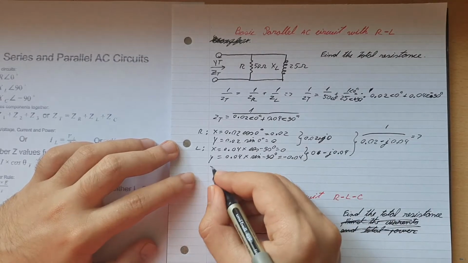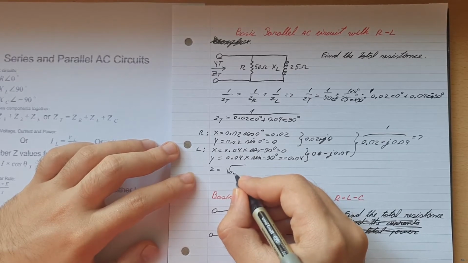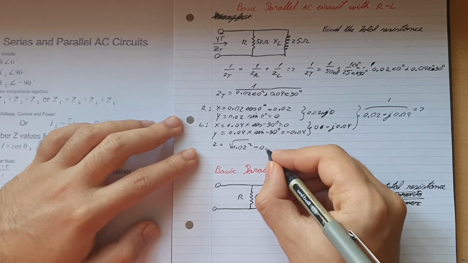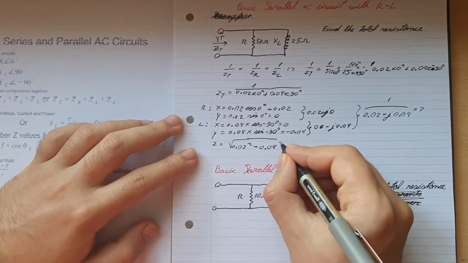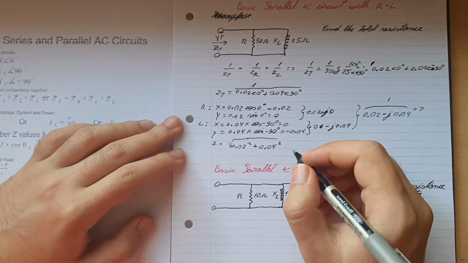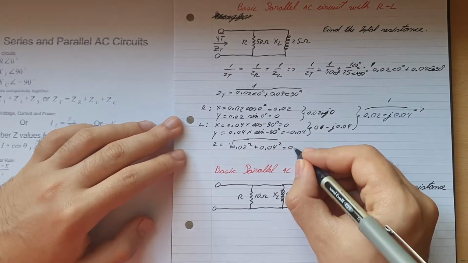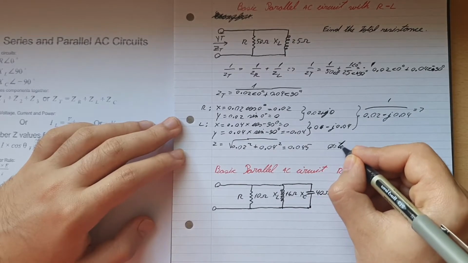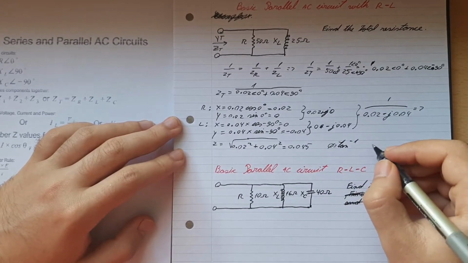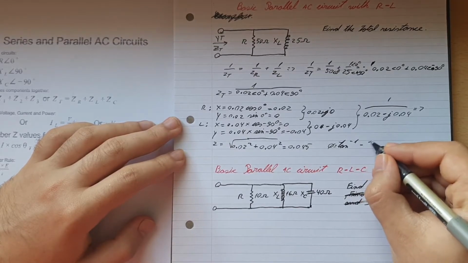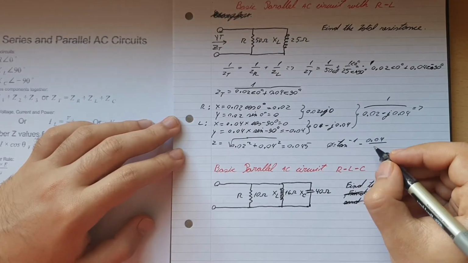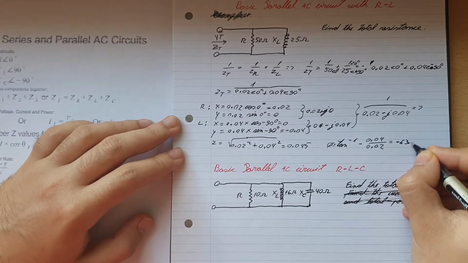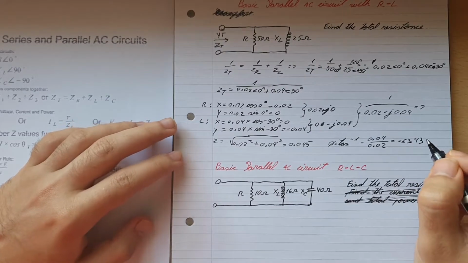Therefore Z is equal to the square root of 0.02 squared plus 0.04 squared, since it's squared it becomes a plus, and that is equal to 0.045. The angle is equal to tan minus 1 of minus 0.04 over 0.02, and that will be equal to minus 63.43 degrees.